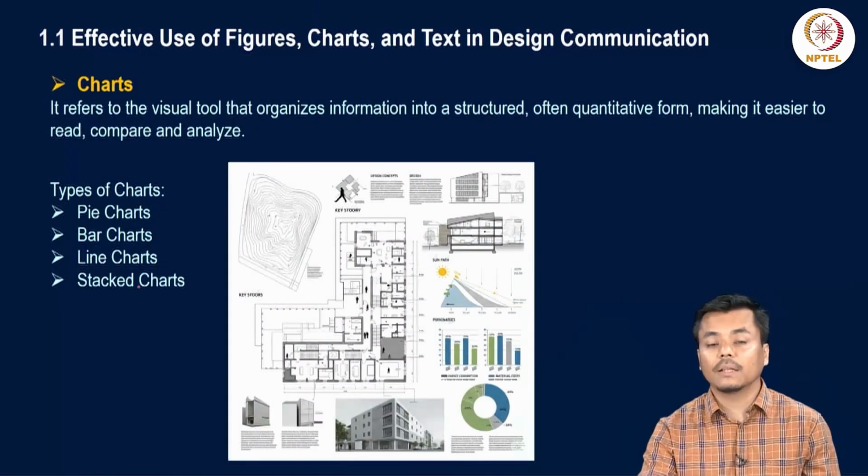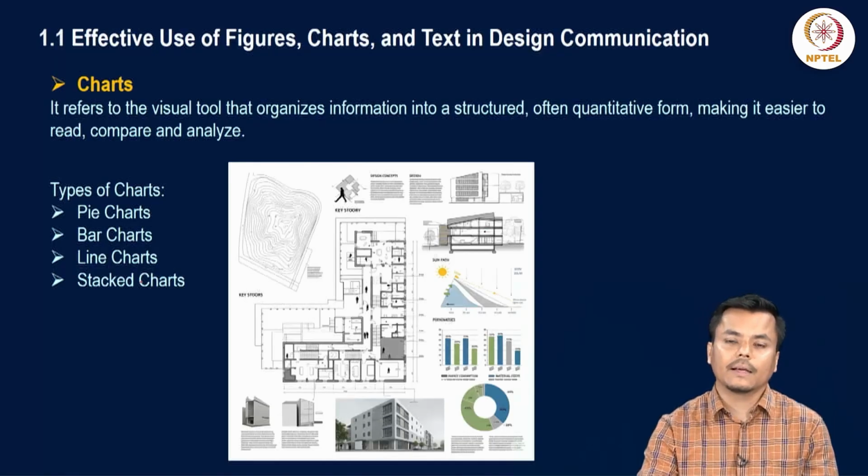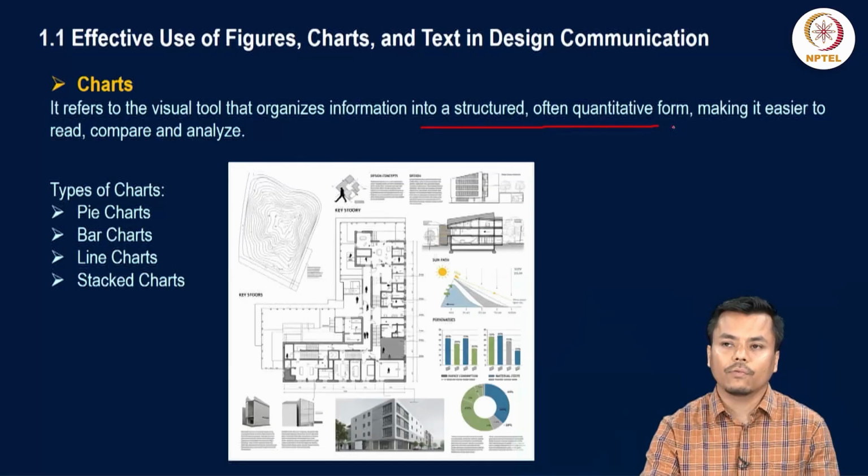The other visual aspect that we often see in the sheets are the charts. Charts are basically a visual tool that organizes information into a structured, quantitative form, making it easier to read, compare and analyze.